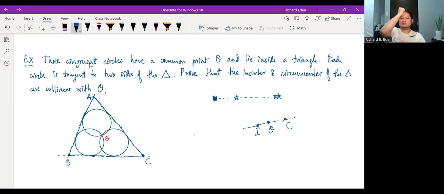The circle is already tangent to two sides. Make it tangent to another side that is parallel to one of the sides. Then that circle would be the incircle of that triangle. Then it would be a homothety from the vertex to the incircle of the actual triangle.